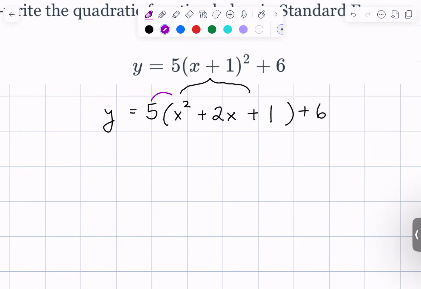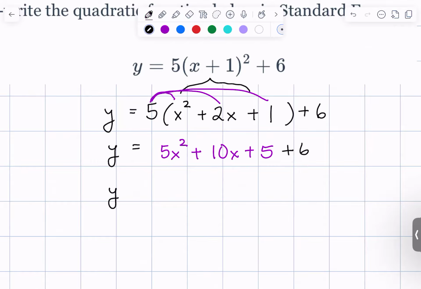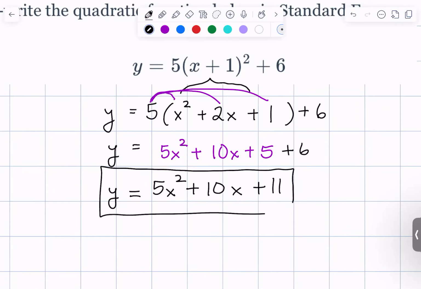Again, I'm going to distribute out the 5 to all 3 things. So that's 5x squared plus 10x plus 5, and then the plus 6 comes down, equals y. So y would equal, gathering the like terms, 5x squared plus 10x plus 11. And that would be my standard form there.